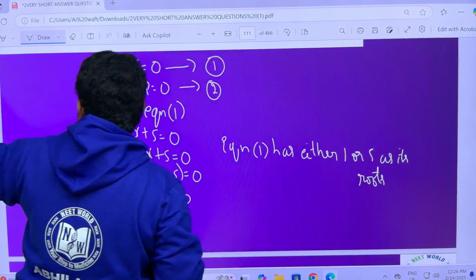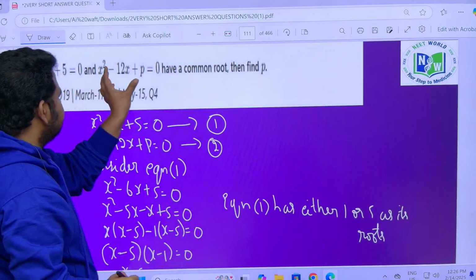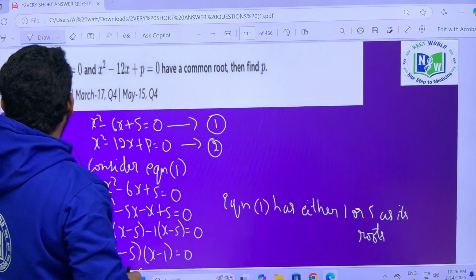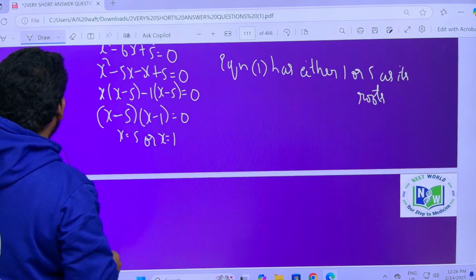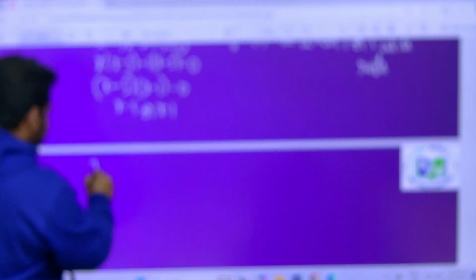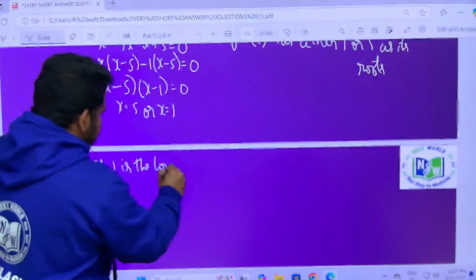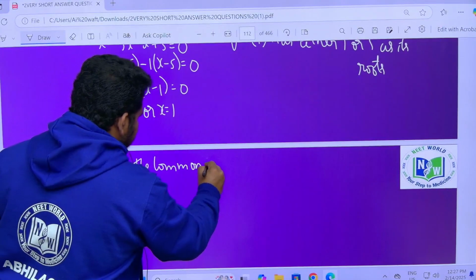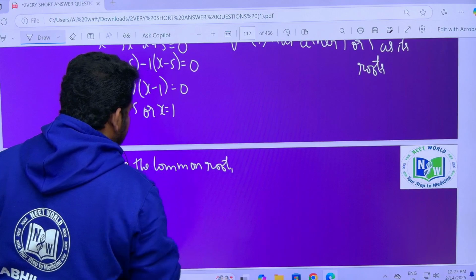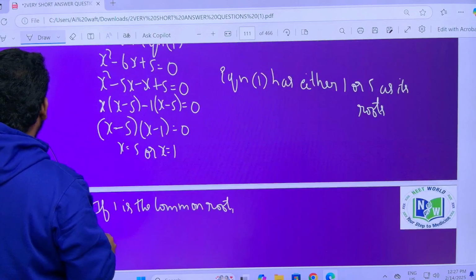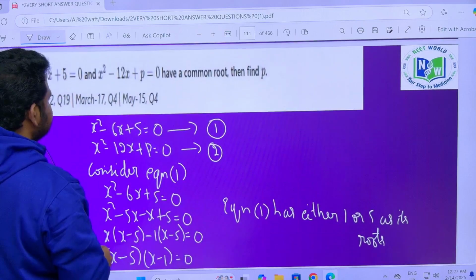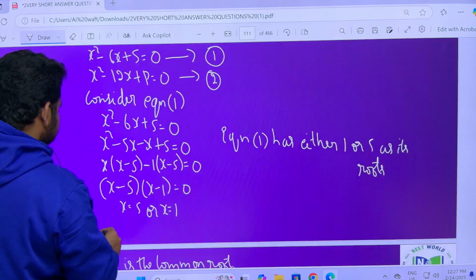But they are telling us both equation 1 and equation 2 have a common root. If 1 is the common root, let us consider the second equation, x square minus 12x plus p is equal to 0.